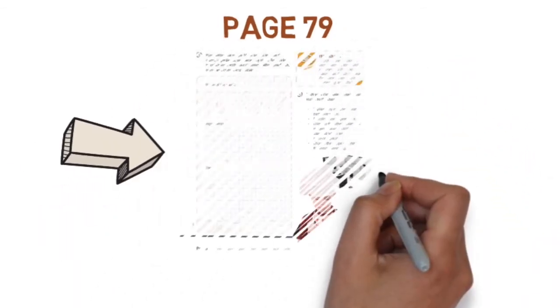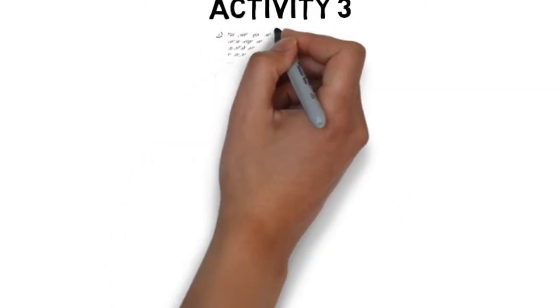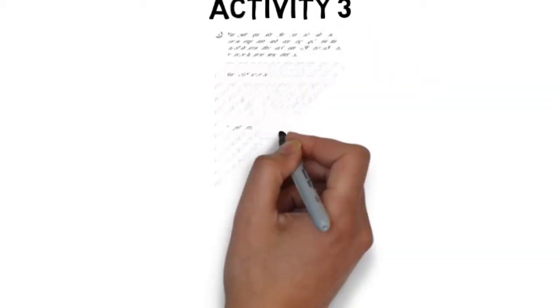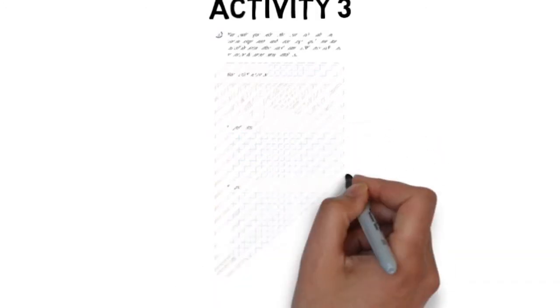When you finish, go to page 79. Here we have the activity number 3, and that is the last for today. In that space, it's time to write your recipe about the snack that you chose.